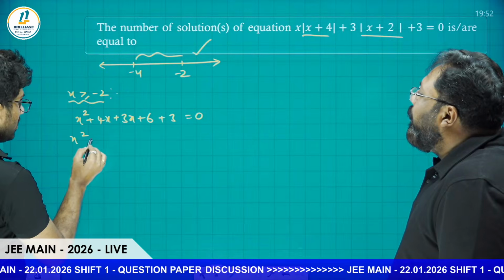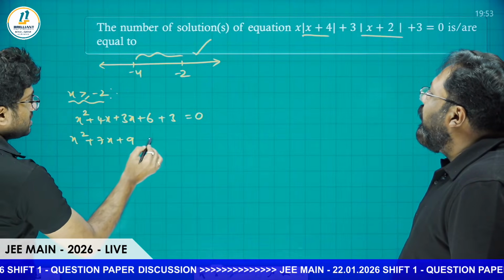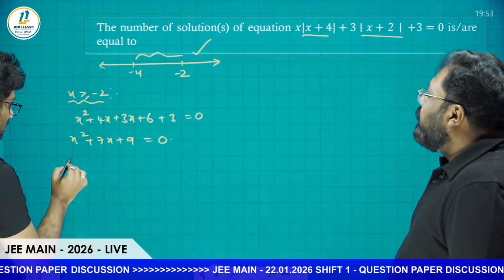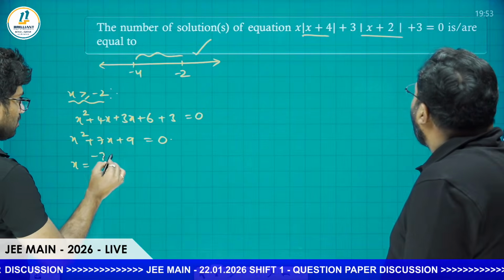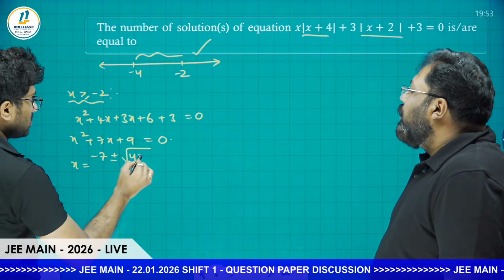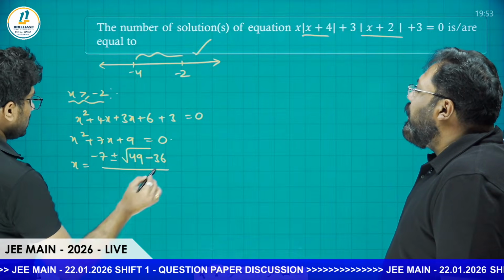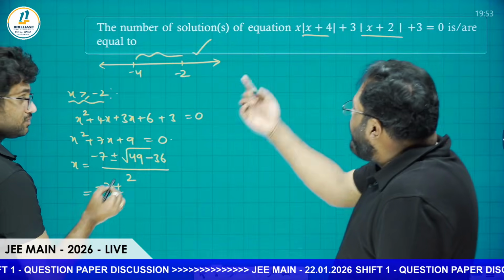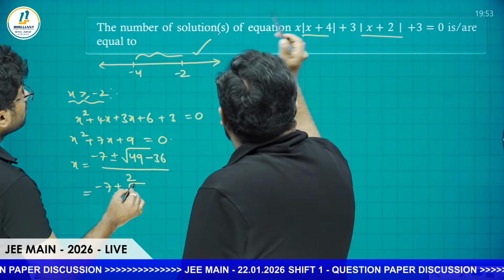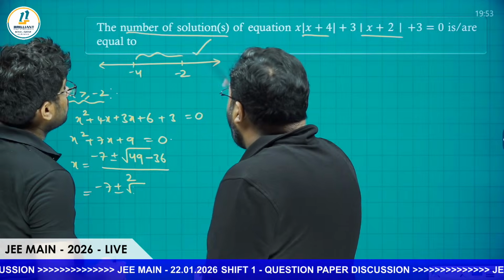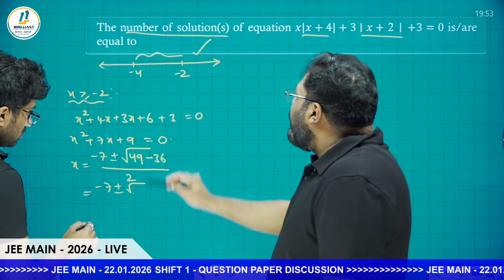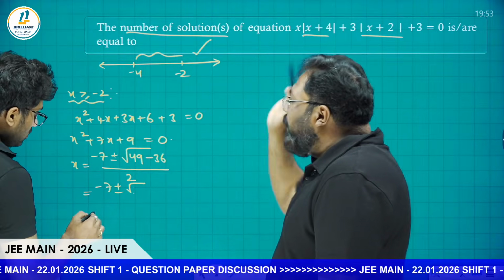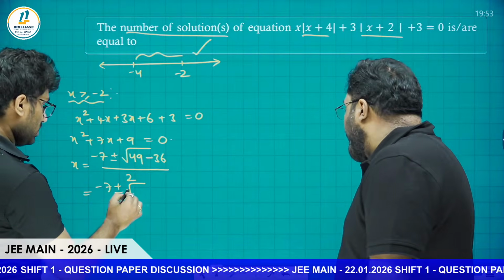Now we have x square plus 7x plus 9 equals 0. It cannot be factorized, so minus b plus or minus root over b square minus 4ac divided by 2a. No need to solve, they want to find only the number of solutions. So here only one solution, because for greater than minus 2, the negative sign will be rejected.